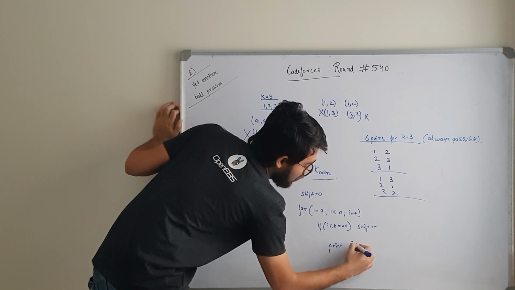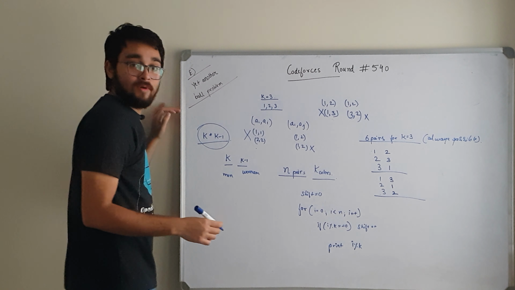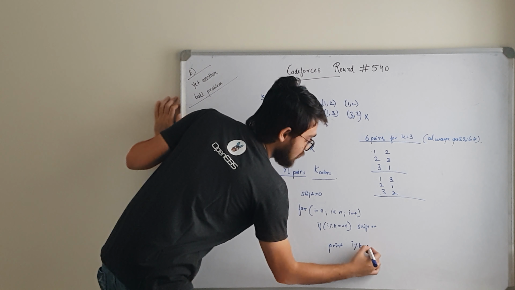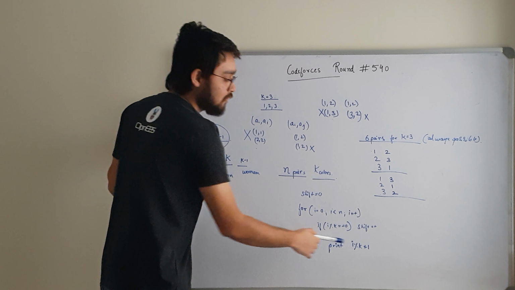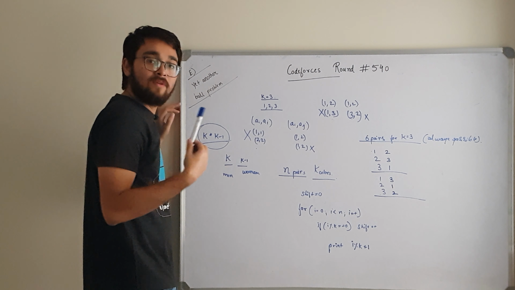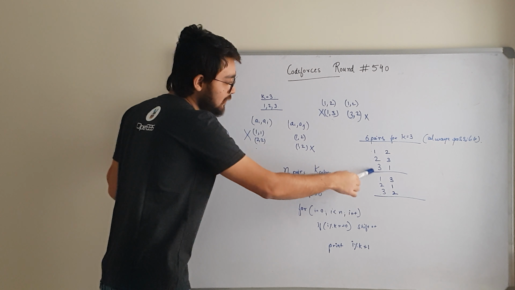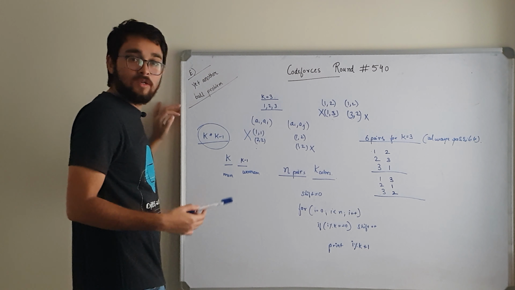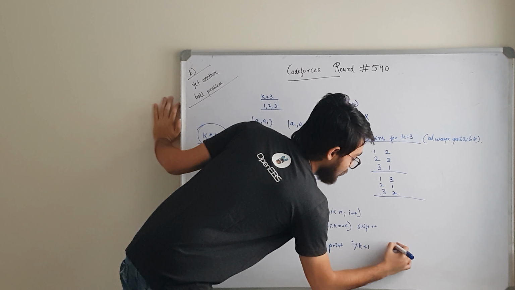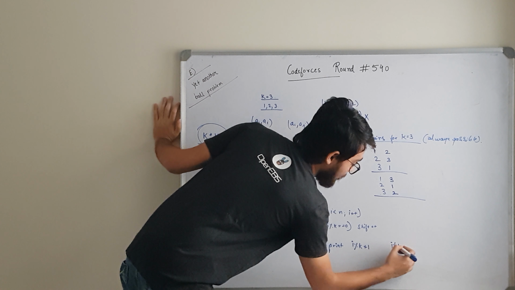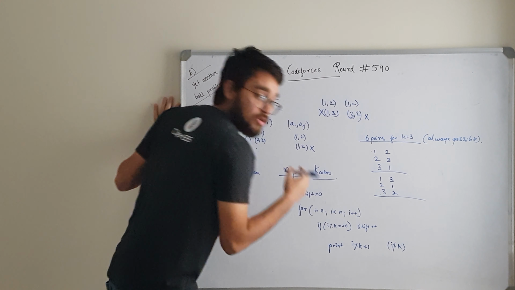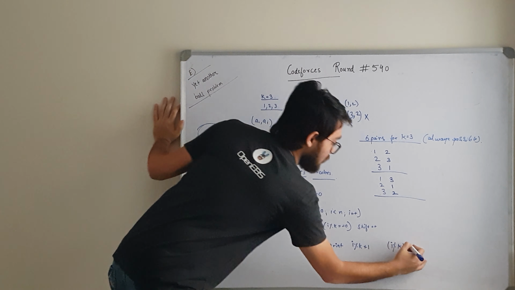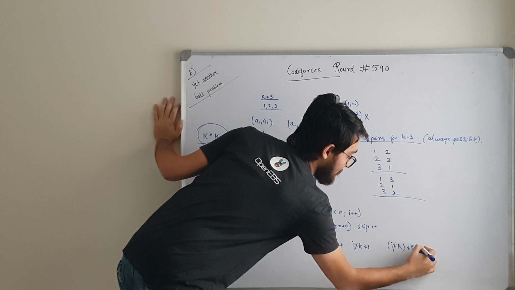You need to print two values. First, i modulo k plus 1, because i modulo k will give you values from 0 to k minus 1, but you need values from 1 to k. Then you need to write the second value. In that, i modulo k, you add your shift.